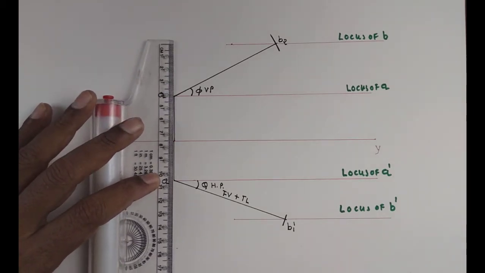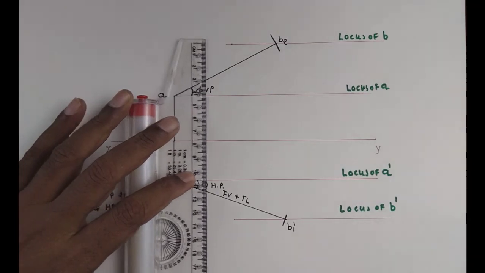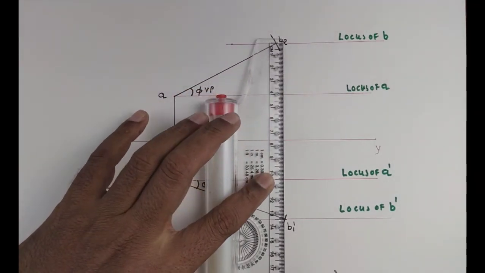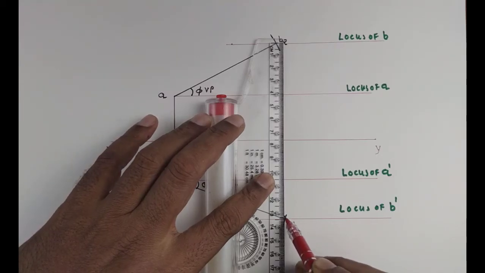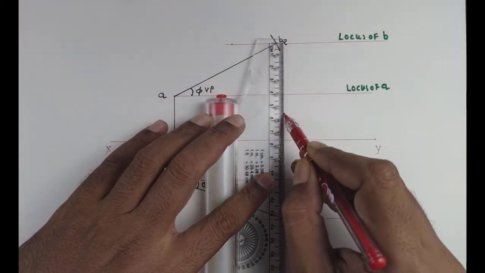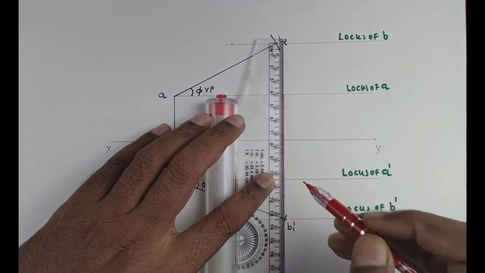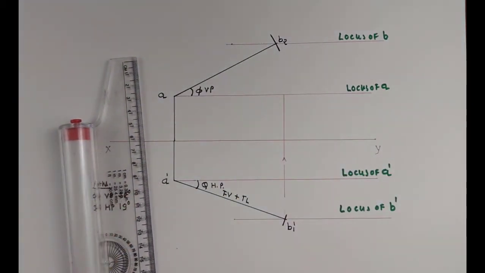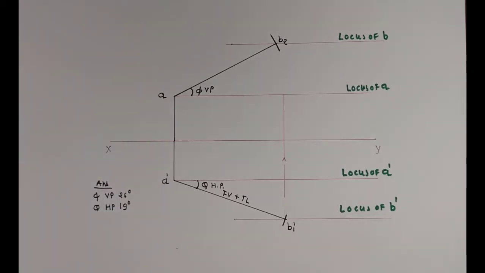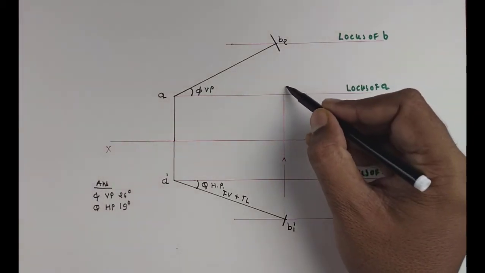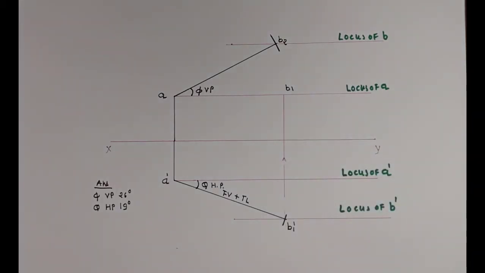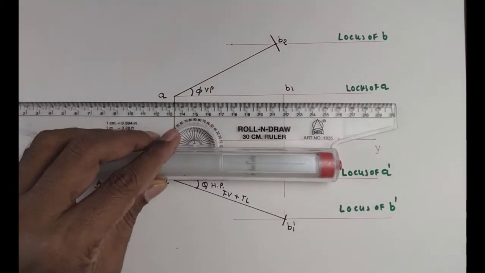For that we draw the vertical line from B1 dash up to locus of A. And here we write our plan point B1.